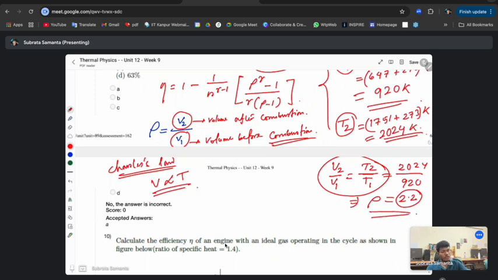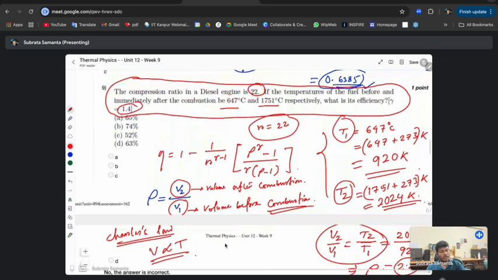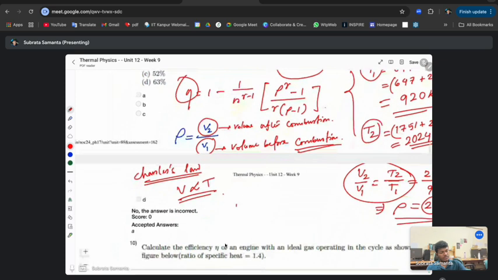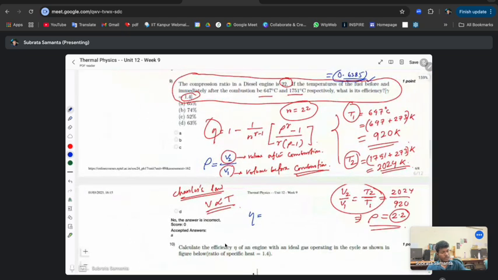So once you know the rho value and the gamma value is provided as 1.4, you can calculate it. Just plug in these values. Your eta equals 1 minus 1 over r, where r is given as 22, to the power 0.4, times 2.2 to the power 1.4 minus 1 over 1.4 times 1.2.